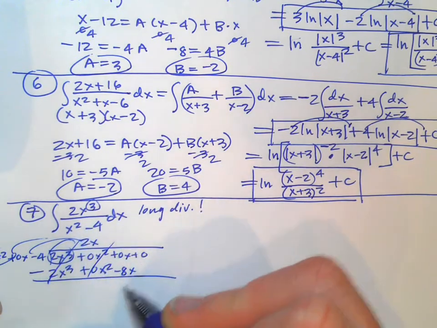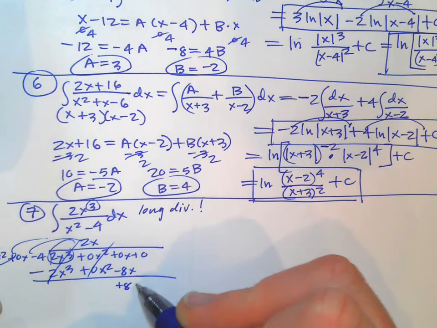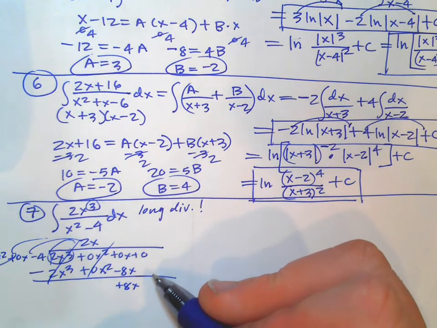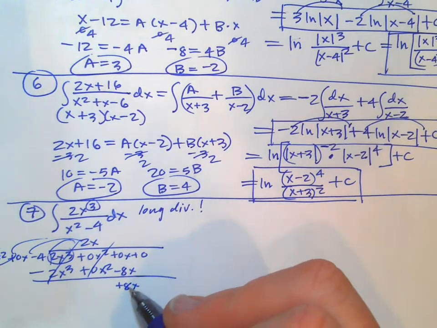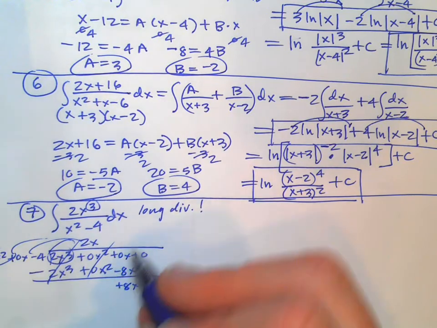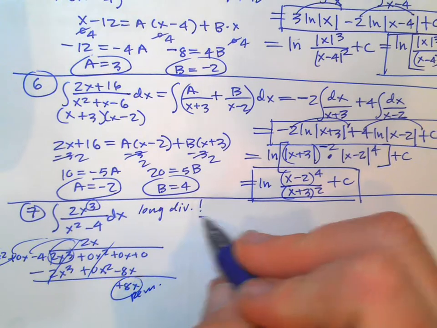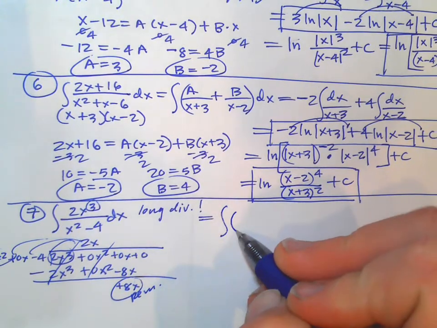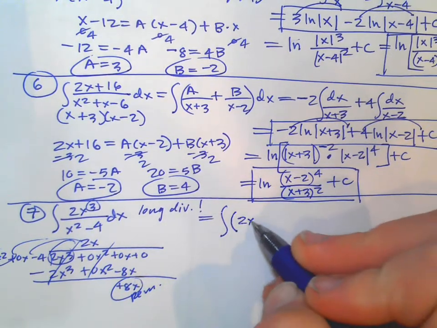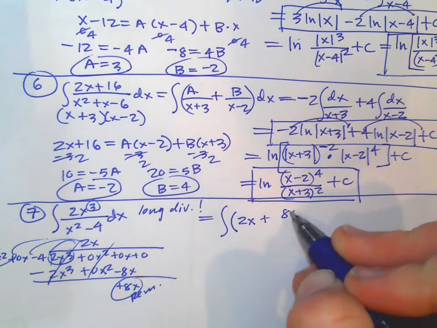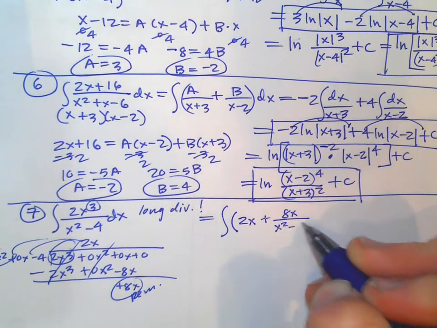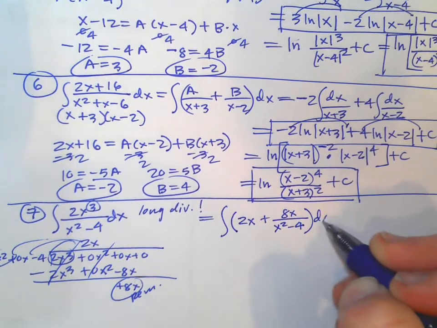Subtract, get positive 8x. Now this is smaller degree than the divisor, so we're done. This is the remainder. So this equals the integral of 2x plus 8x over (x squared minus 4) dx.